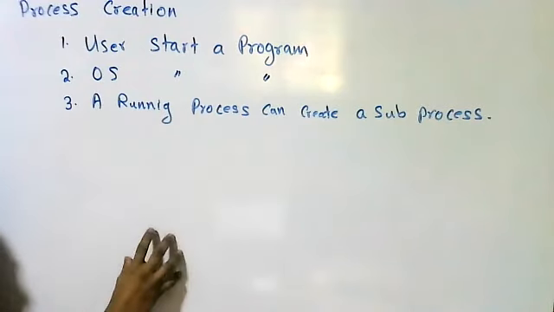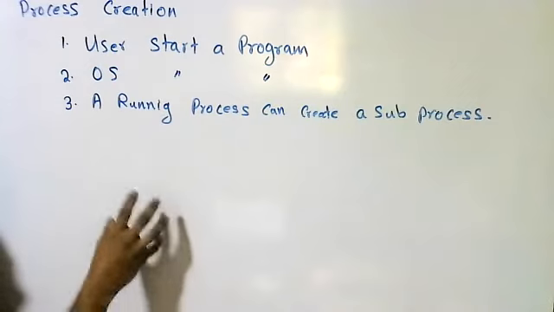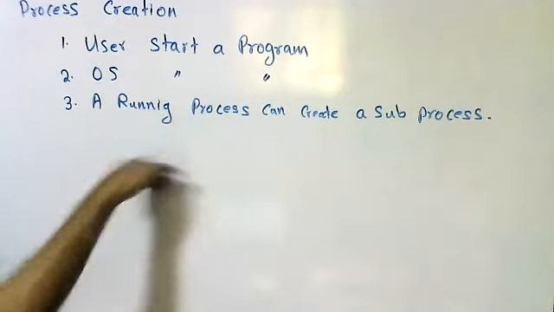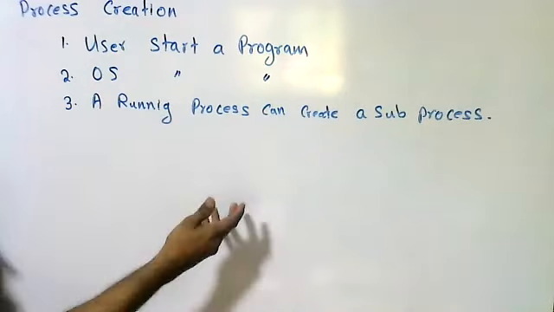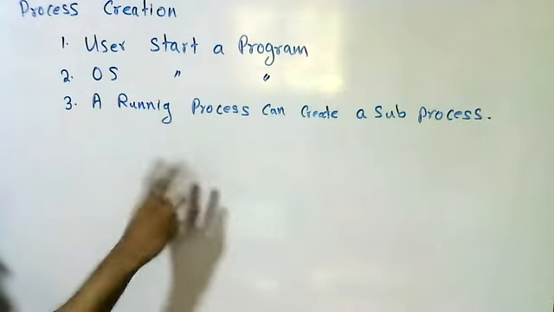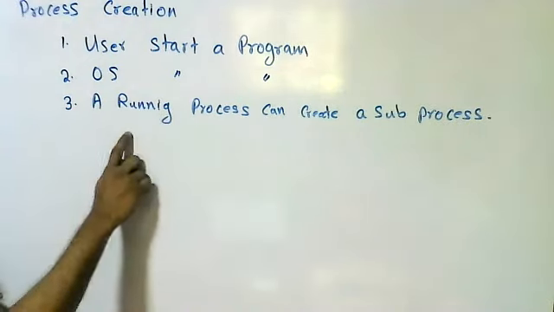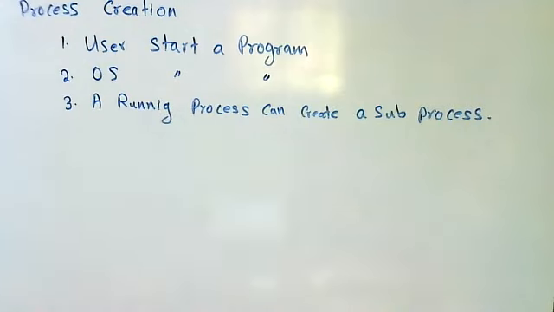That means a main process, a running process, creates another sub process. Excel is another process. That is one example. So likewise, a running process can create a sub process. Those are the three situations in which a process can be created. Clear, students? Yes, sir. Right.